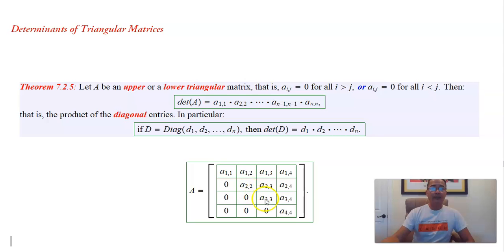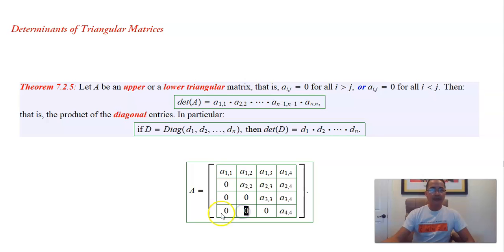So you have A11, A22, A33, A44. So who is this entry over here? That is A21. It's in row 2, column 1. So we want that entry to be 0 when the row number I is bigger than the column number J.